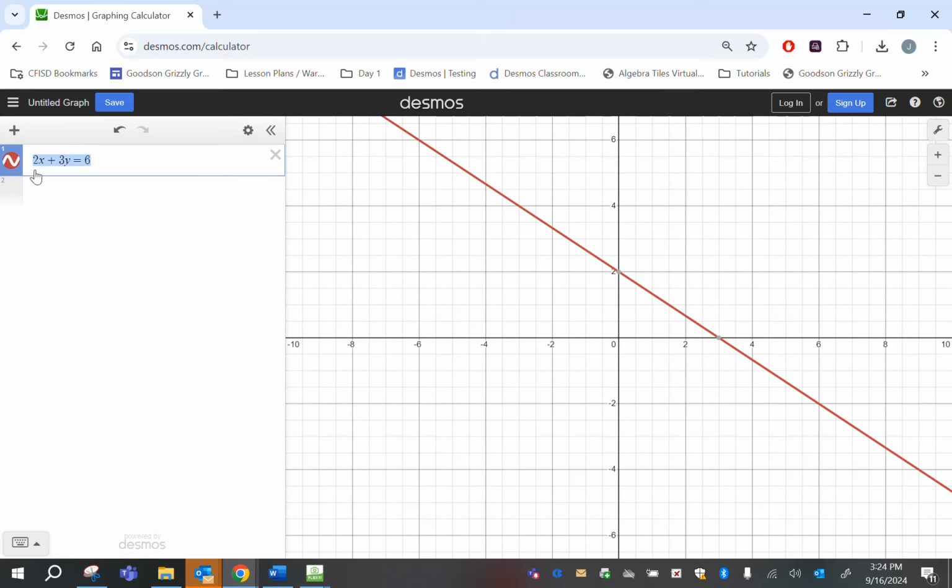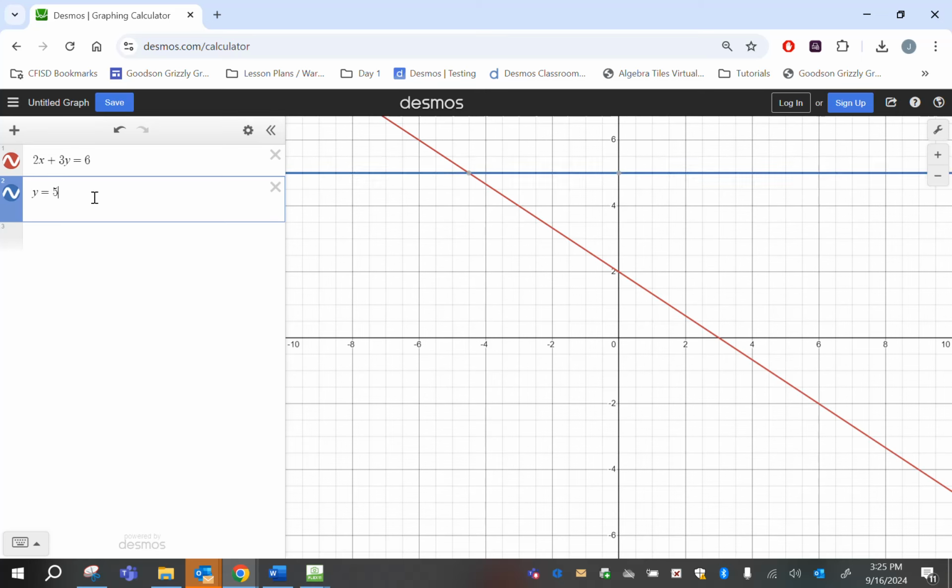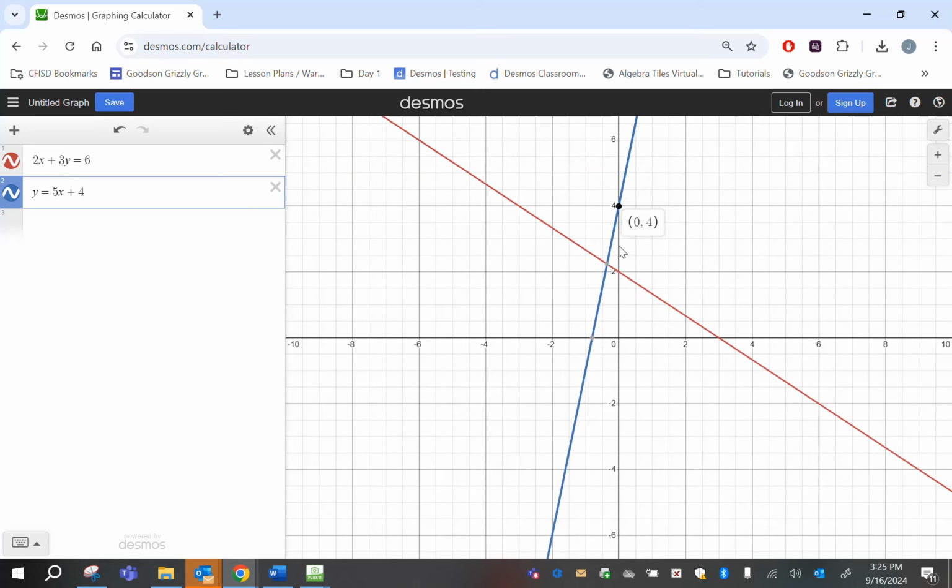But I have this equation graphed for us. Let's take a look at our y-intercept. It's 2. But what's true about all y-intercepts? My y-intercept for this equation, y equals 5x plus 4, what is the same between both of these y-intercepts? Hopefully you notice both of these y-intercepts have an x value of 0.